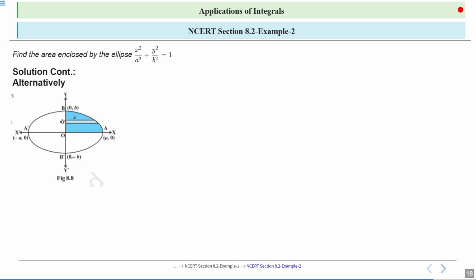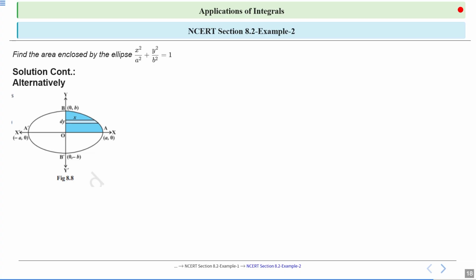This area is enclosed in the region between the line y equal to 0, that is the x-axis, and the line parallel to the x-axis that passes through the point B, the horizontal line y equal to b. So the area is enclosed between y equal to 0 and y equal to b, so y varies from 0 to b.